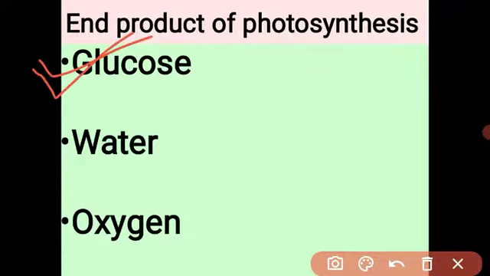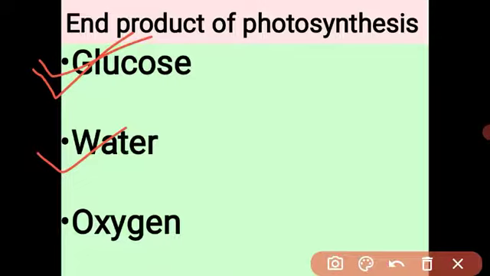You know, child, the end product glucose is very important for us because we are consumers of the plant. Means we are dependent on the plant for food. Water molecules are also produced by the process of photosynthesis, and this water is reutilized by the plant for photosynthesis.